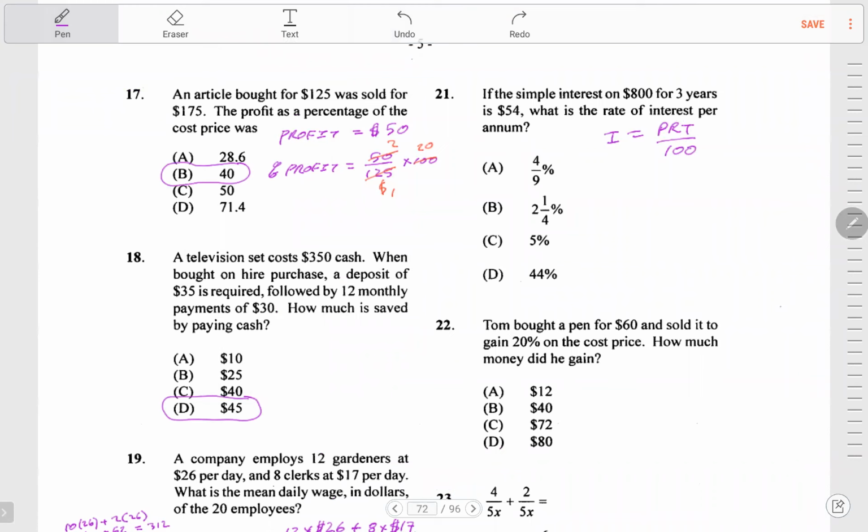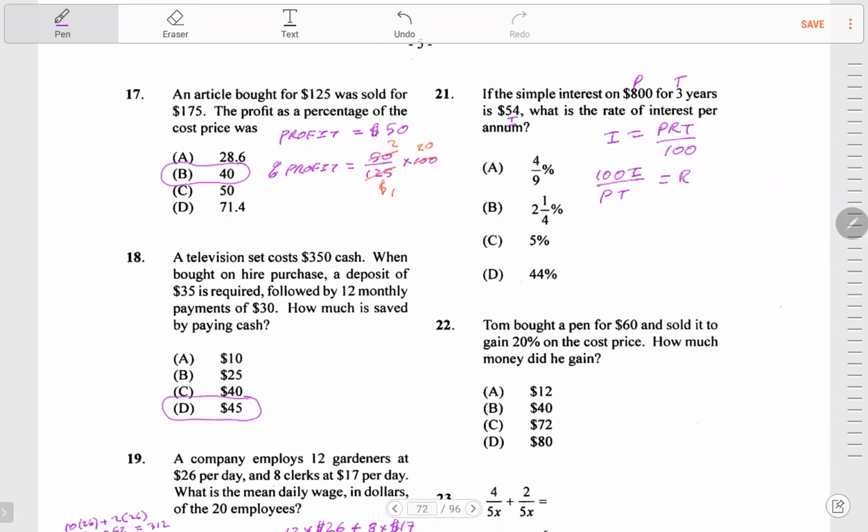So transpose everything away from the R, you get 100 I over the principal and the time is equal to the rate. Now the principal is 800, for 3 years as the time, and the interest is 54.